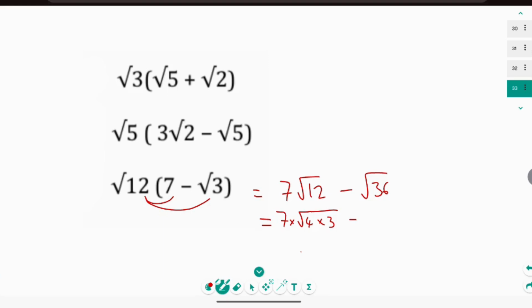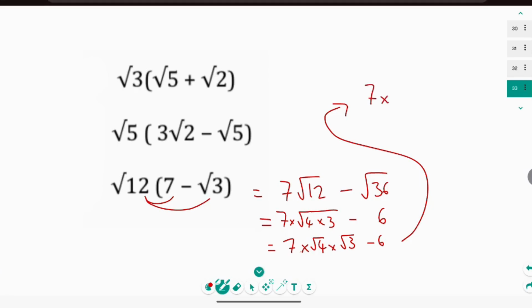And the square root of 36 is 6. Just continue that over here. Root 4 is 2. 7 times 2 is 14. Final answer.